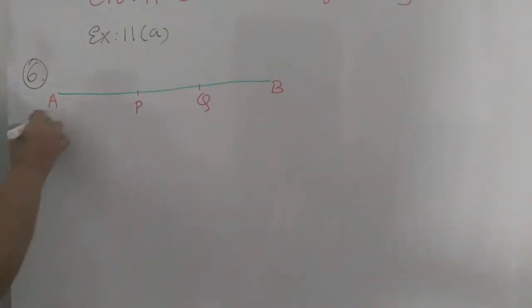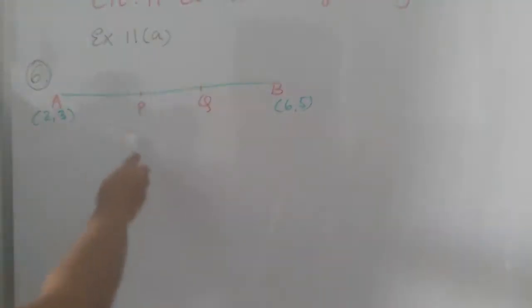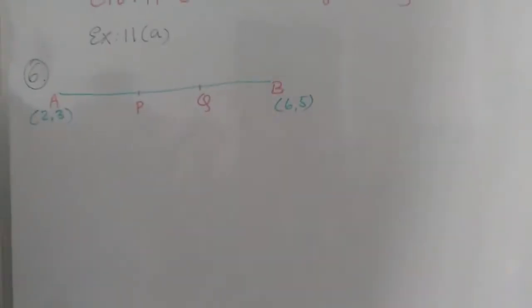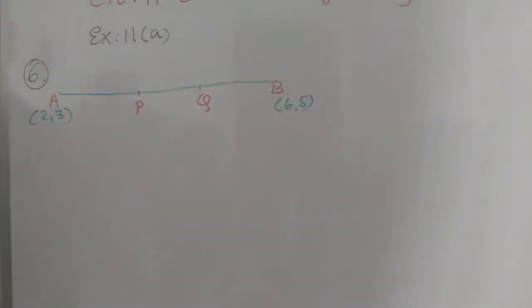Now here we are given point A's coordinates as 2, 3 and point B's coordinates as 6, 5. We want to find the coordinates of the 2 points which are making 3 equal parts. They are P and Q. So we have to find the coordinates of P and Q. For that, the ratio is not given, so we will find the ratio accordingly.